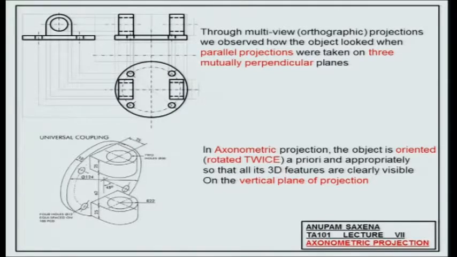Okay, and down below, in axonometric projection, the object is oriented, read as rotated twice, a priori and appropriately, so that all its three-dimensional features are clearly visible on the vertical plane of projection.